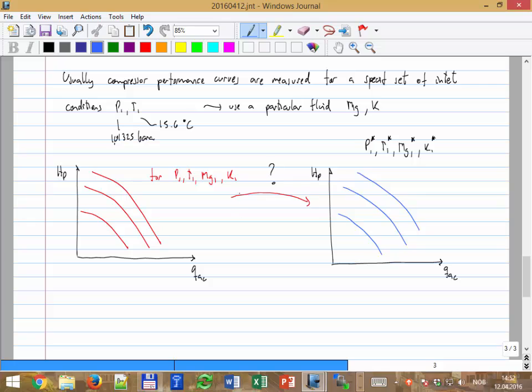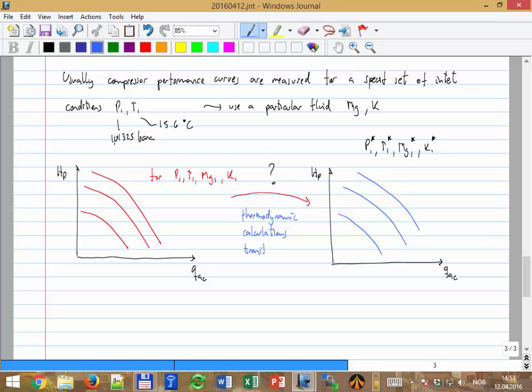We use thermodynamic calculations and transformations to convert from what was measured in the test to what I'm actually going to have.